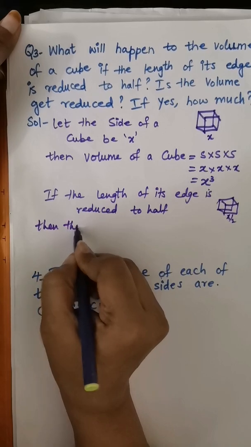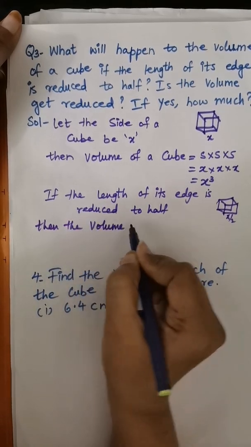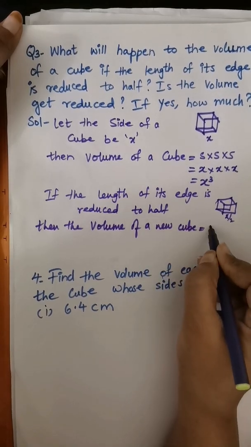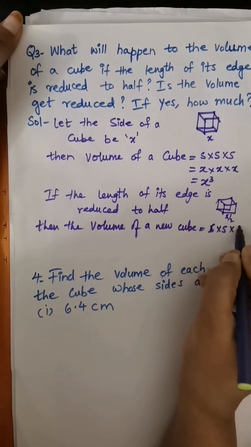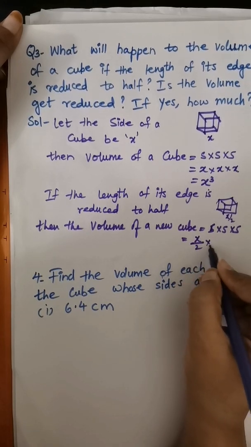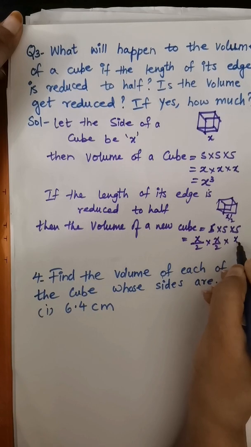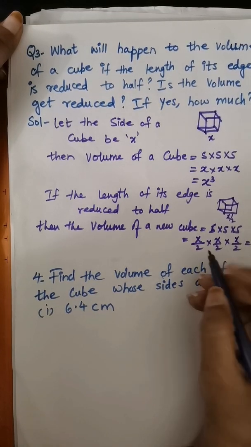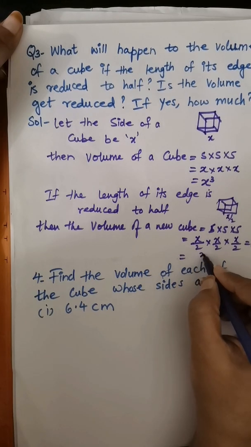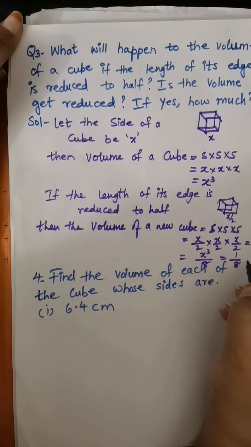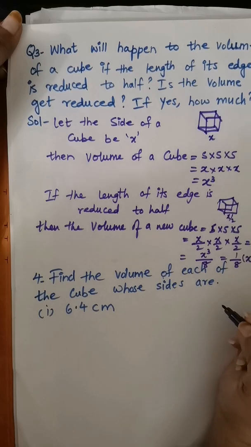Then the volume of the new cube is equal to side into side into side, that is x by 2 into x by 2 into x by 2, or you can say x by 2 whole to the power of 3. So it will be x cube by 8, that is 1 by 8 of the original cube.